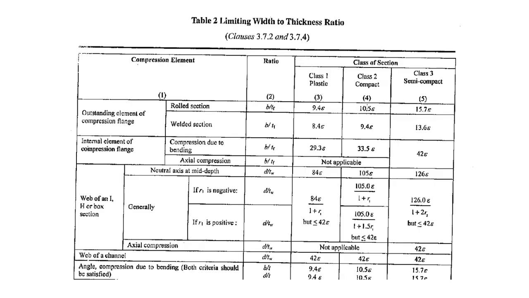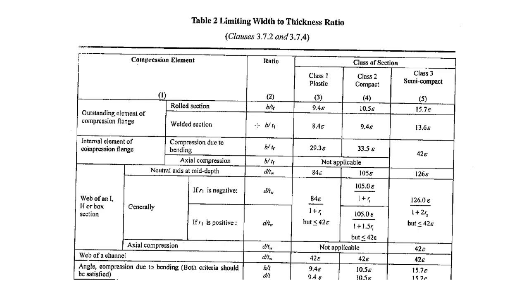Similarly, if it is more than 9.4 and less than 10.5 epsilon, then we take the section as a compact section. Similarly for semi-compact sections, if it is up to 15.7 epsilon, the section is a semi-compact section, and we use the formulas belonging to the semi-compact section. For these three conditions, the moment equations will be different. The design moment will be different for these three types of sections. That's why we classify all these sections depending on the width to thickness of the flange ratio.